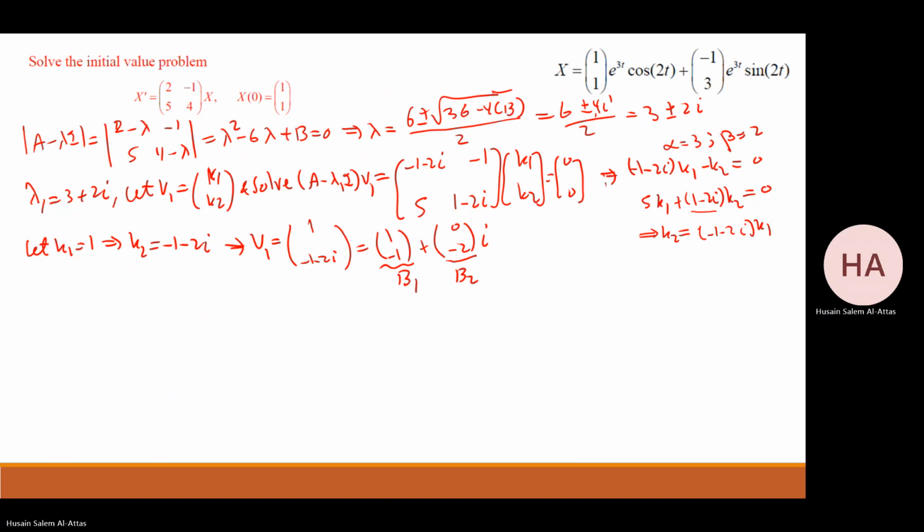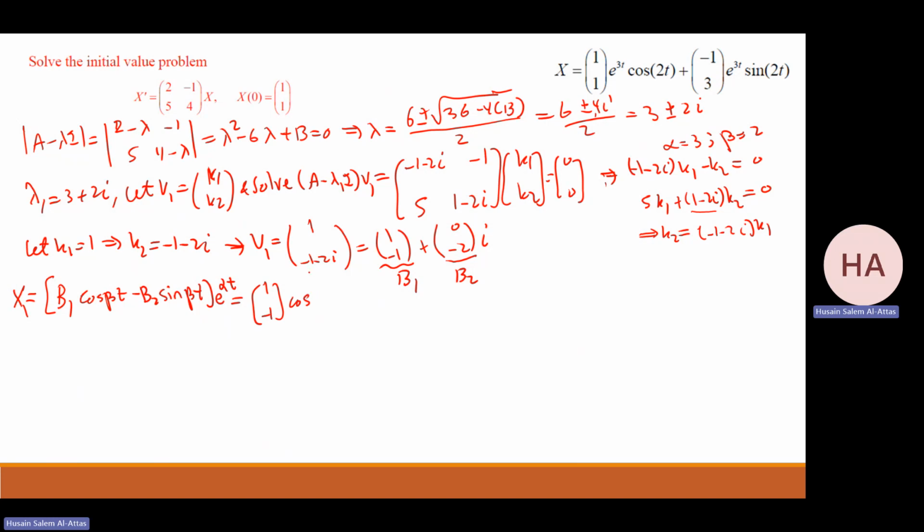Okay. Now I'll find the solution X1, let me write it quickly. B1, write the formula. B1 cosine beta t minus B2 sine beta t, e to the alpha t. What is B1? B1 is 1 minus 1 cosine 2t.